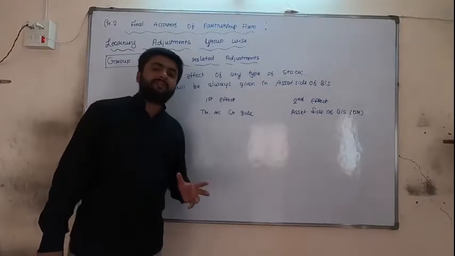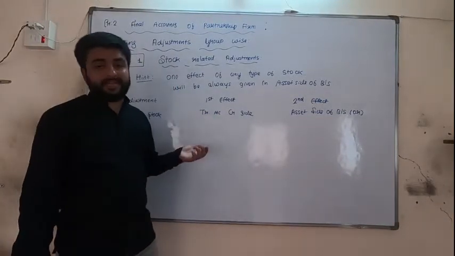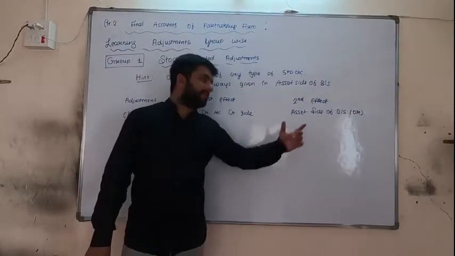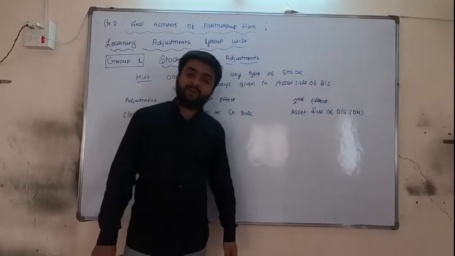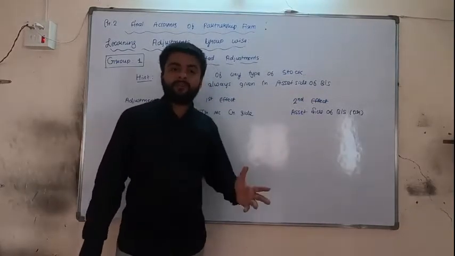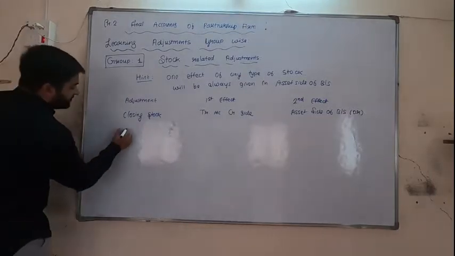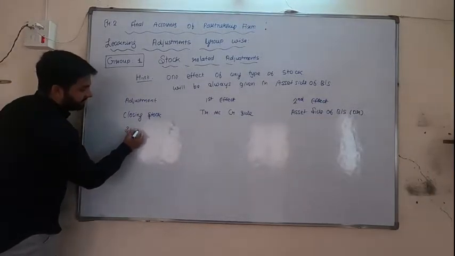And when only closing stock is given in the trial balance, excluding the adjustment, we directly show it on the asset side because it is given as a debit balance. So debit balance on the debit side. You remember these things from standard 11 also. The next type of stock is stationery stock.